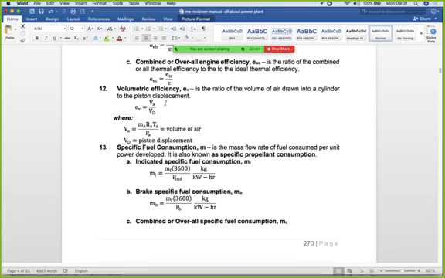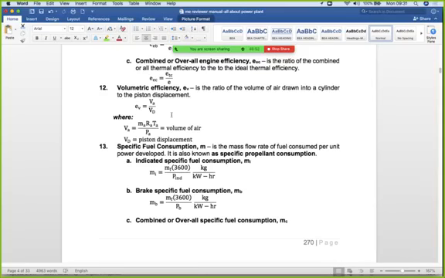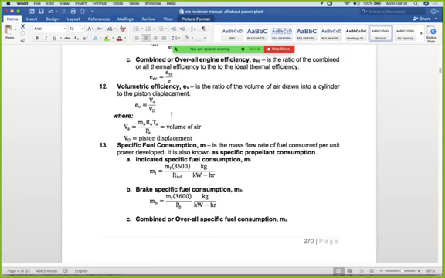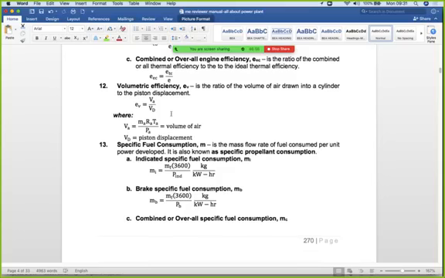So output here is the volume at A divided by piston displacement. That's the volumetric efficiency. So where VA, as per our gas law, PV equals mRT, volume of air. So you can compute VA here from this formula. And you have also the formula for piston displacement, which I asked you to memorize.